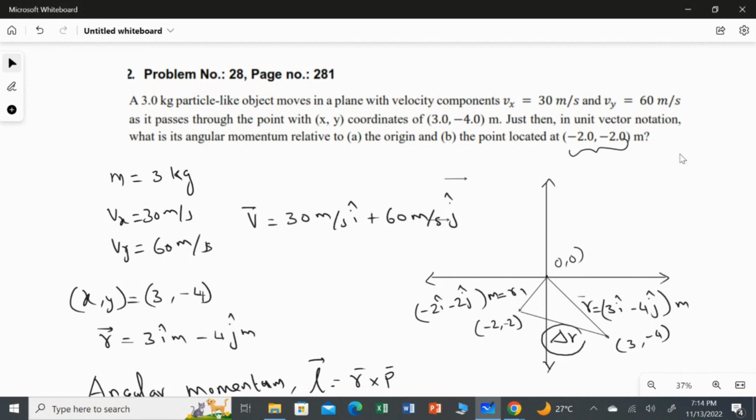And for this delta r only, we have to find what should be the angular momentum. Because whenever you have the coordinates, first of all, we have to identify where this point is exactly located in the graph, and then only we can easily find. Clear?